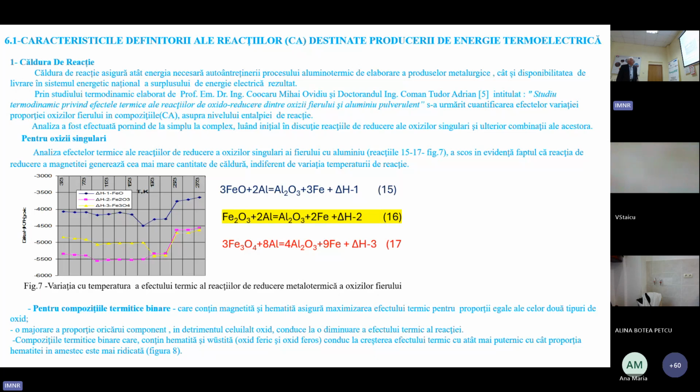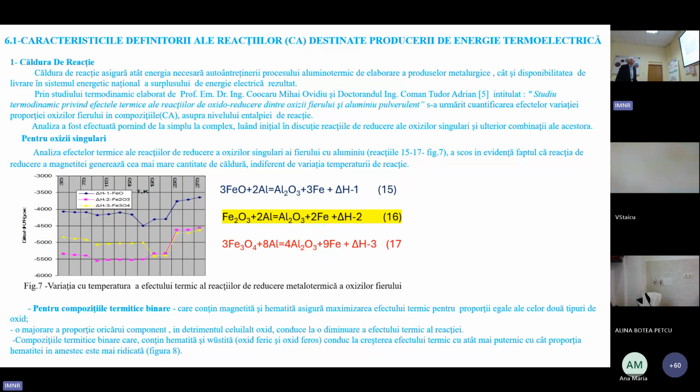Se observă că fiecare dintre ele dau cantități diferite de energie și de celelalte componente. Așa. Numai că, funcție de cum alegem rețetele termice, dintr-o singură componentă, din 2 componente sau din 3 componente, de fapt se obțin și cantități diferite ale produselor de reacție.